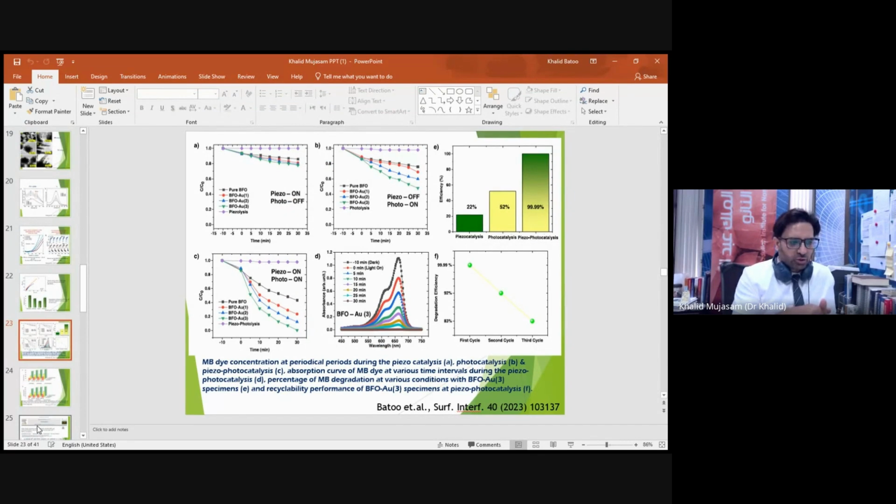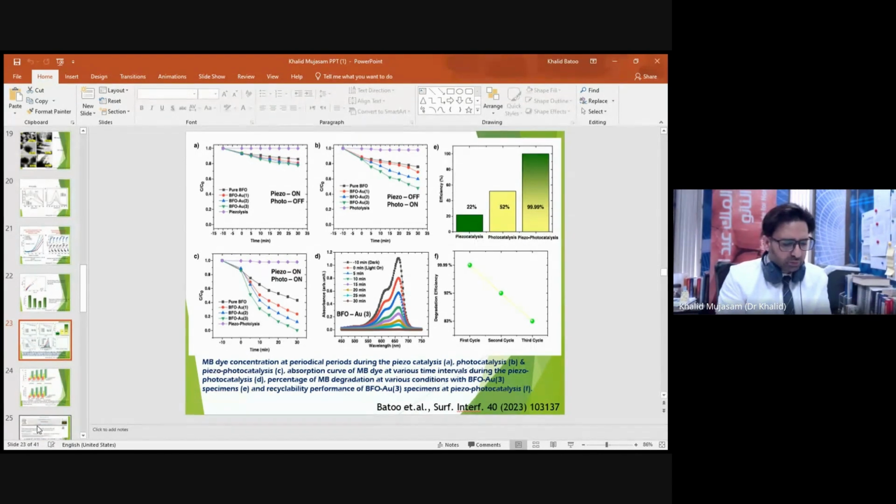However, we also tried with the methylene blue dye concentration at periodic intervals to see how this process is happening. Since we operate this material in different processes, that is piezo catalysis, photocatalysis and piezo photocatalysis, the combination, as I mentioned to you, in the different modes.